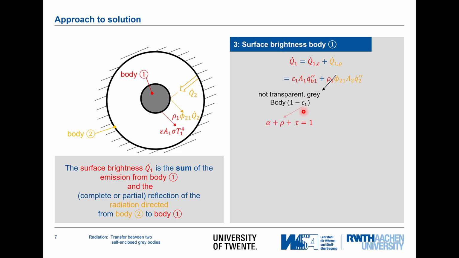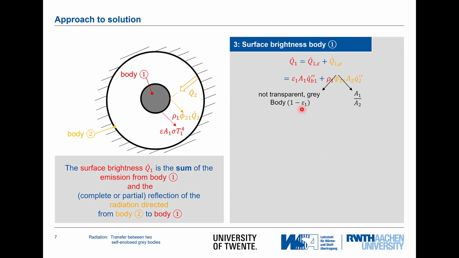How do we get there? Well, the sum of alpha plus rho plus tau equals 1. Tau is 0, and so rho is 1 minus alpha. Using Kirchhoff's law, the gray body concept that was given as a problem statement here, alpha equals epsilon, so rho is 1 minus epsilon, which proves what is written there.